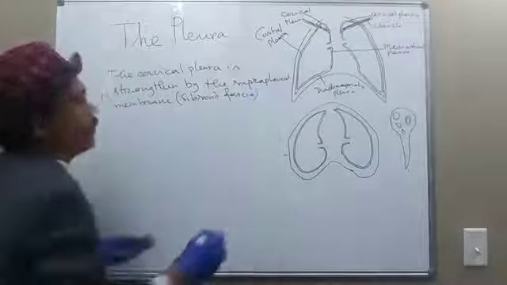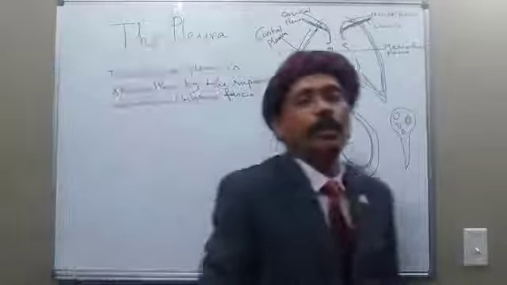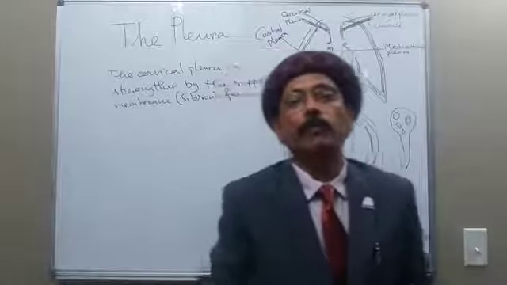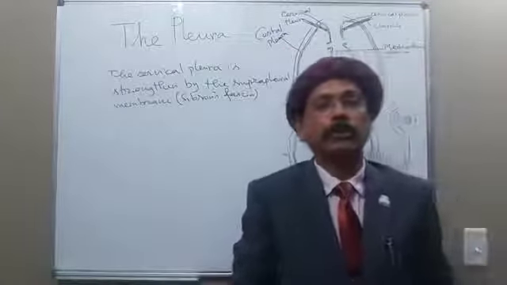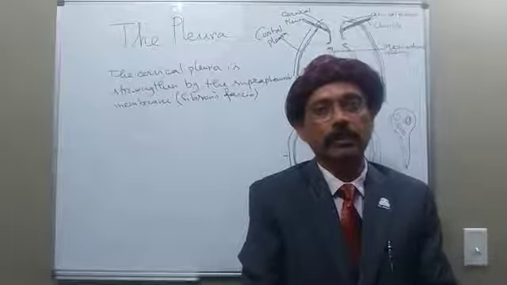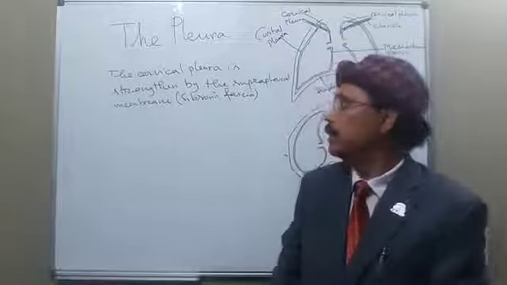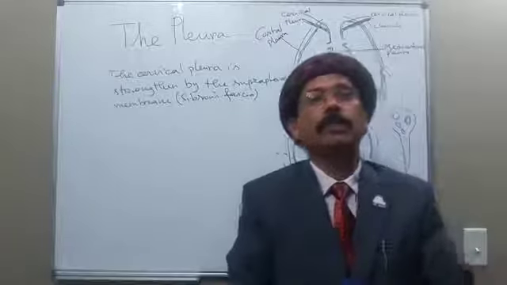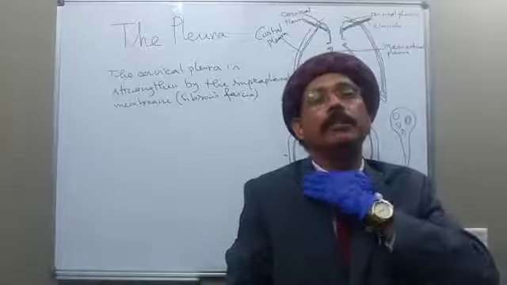What is suprapleural membrane? Suprapleural membrane is a thickening of the endothoracic fascia over the apex of the lung, and this suprapleural fascia keeps the lungs inside the thorax.